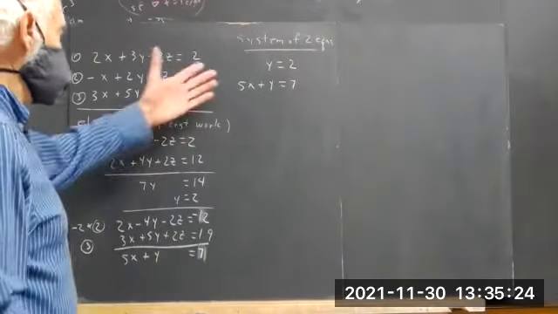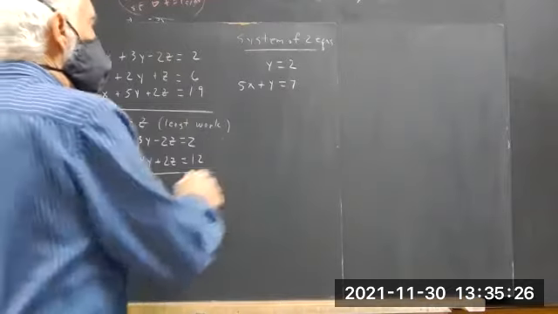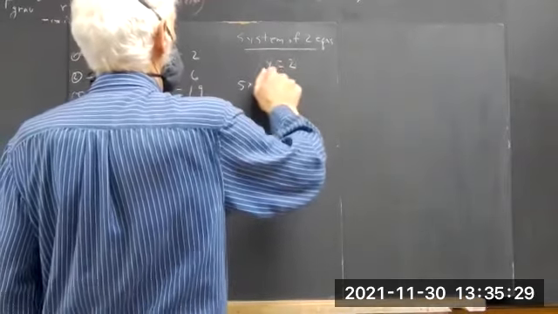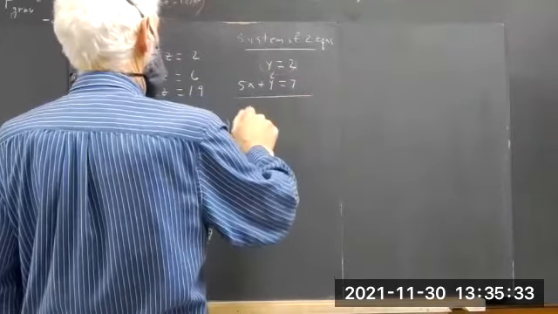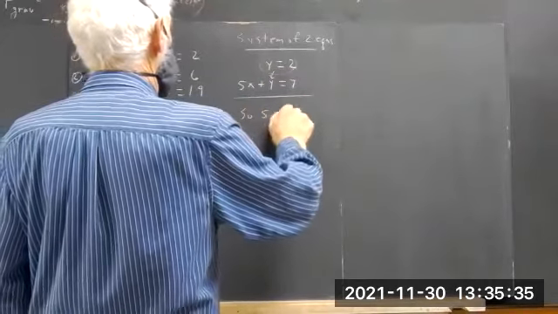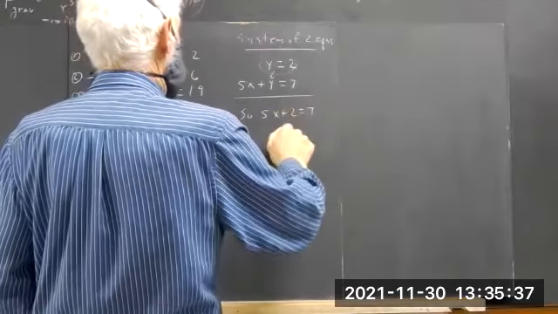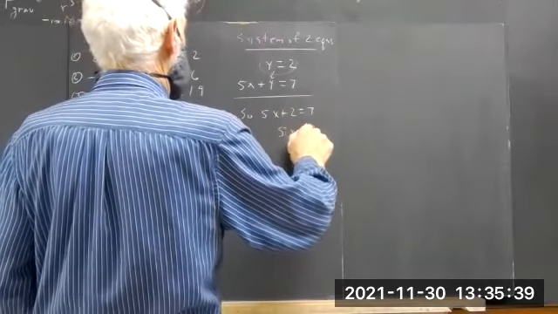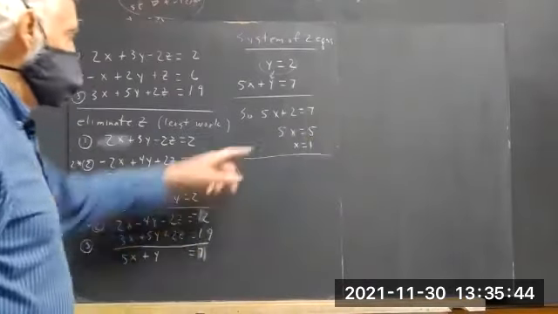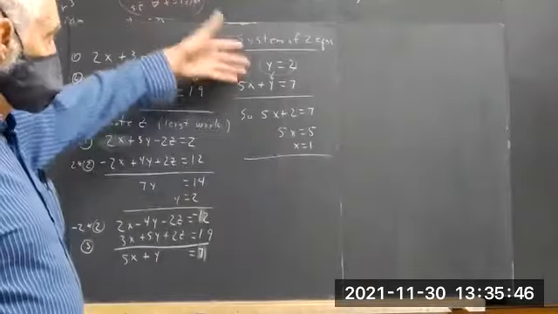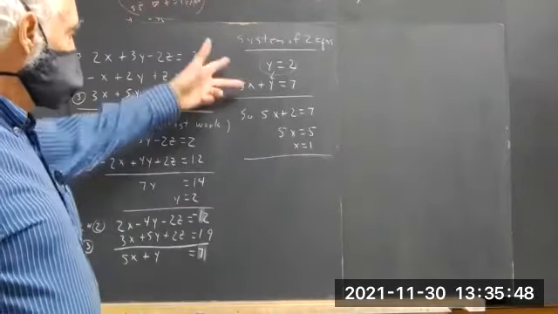Now at this stage, we don't have to do elimination. We just substitute y equals 2 here, and we immediately get x. We don't have to do anything magical here.